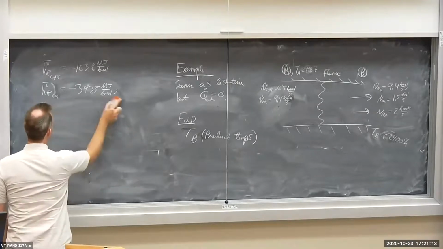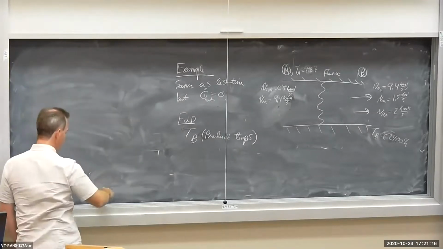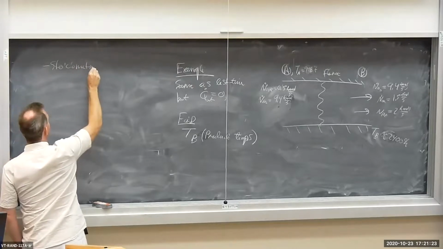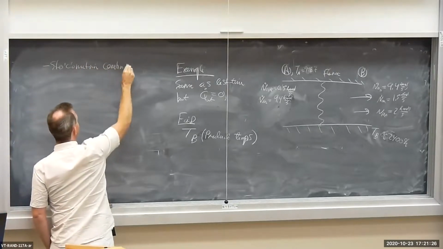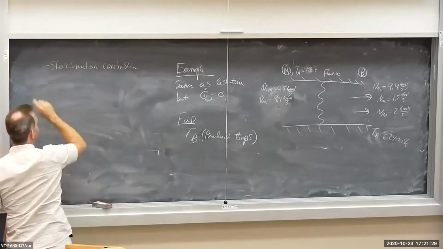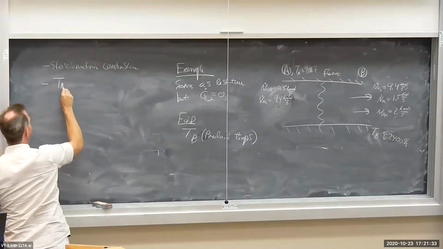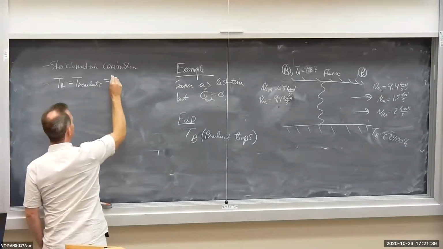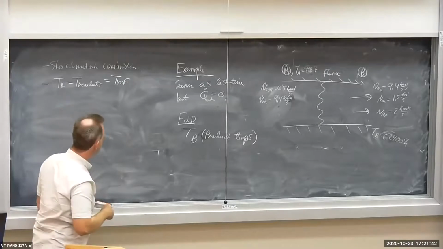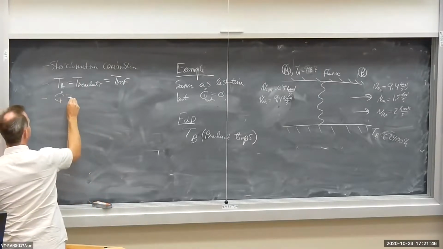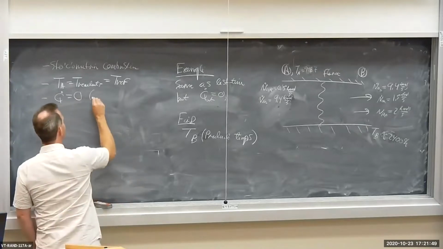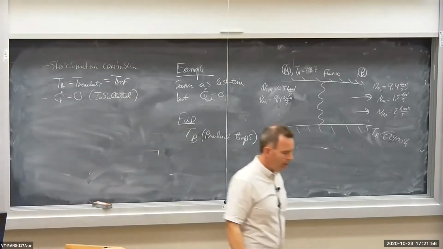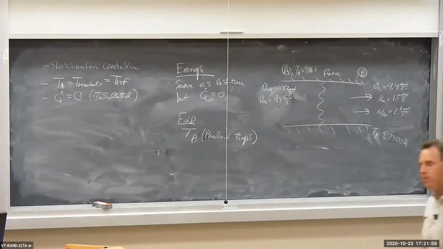The name we give to this particular outlet temperature under this particular set of conditions: stoichiometric combustion, insulated. For stoichiometric combustion, where the intake temperature TA, the reactants temperature, is equal to the reference temperature, and Q dot is equal to 0, so we're insulated, that outlet temperature, TB, has a particular name.